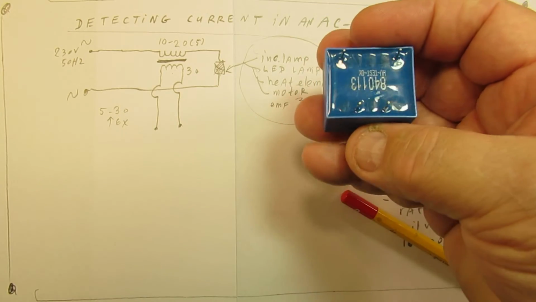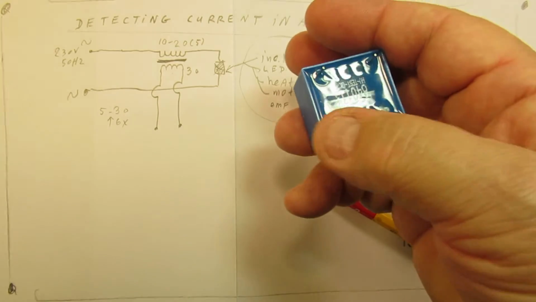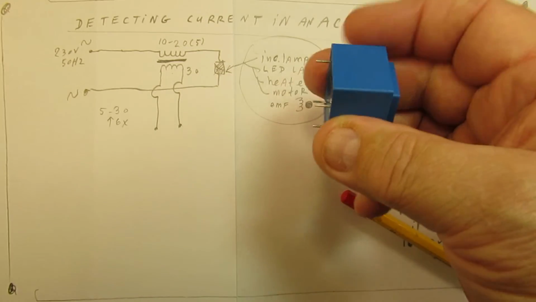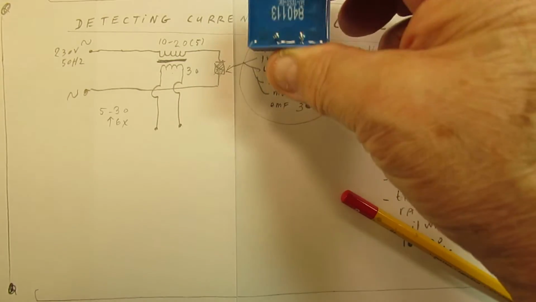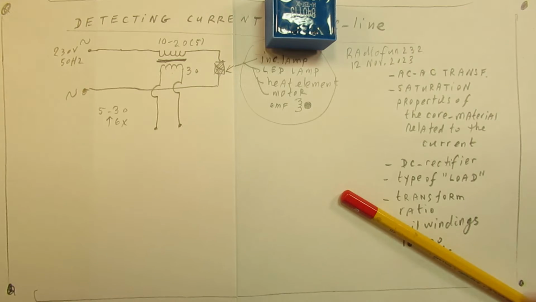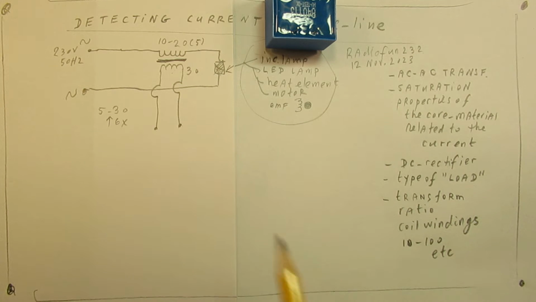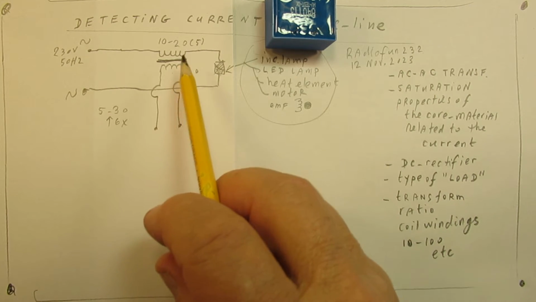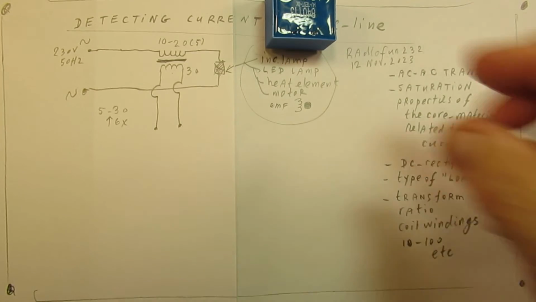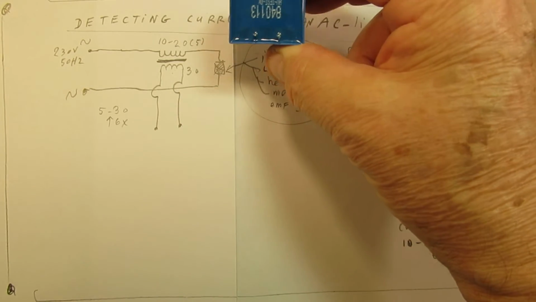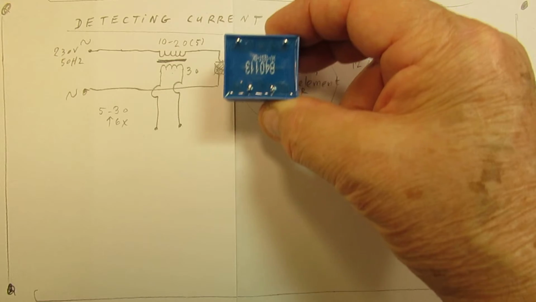And you can connect here on the low voltage side. Make these connections here, so a few windings. This is the low voltage side, and here's the high voltage side.